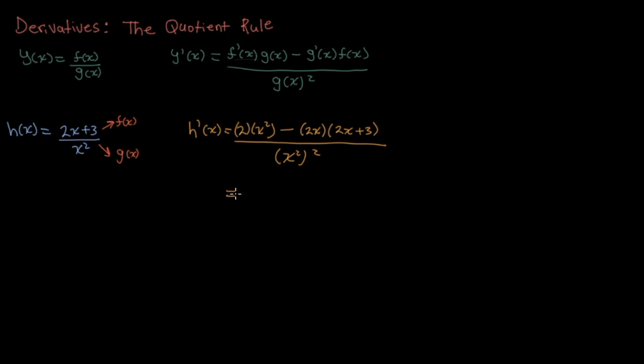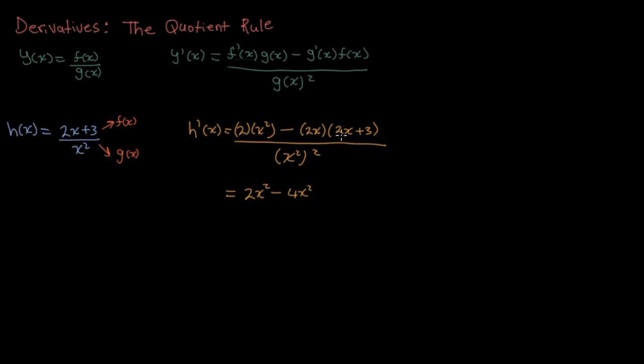Of course, we can continue and simplify this. So we would write this as 2x squared minus 4x squared.